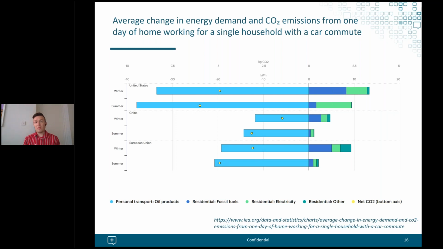Now, one of the other considerations is that this is all based on car commute data. So as we discussed in the slide before, if you were conducting a survey and you were able to gather information from employees about how they commute, the distances they commute, then you would really be able to get a much more accurate picture of what the net increase in emissions is as a result of your staff working from home as opposed to coming into the office.